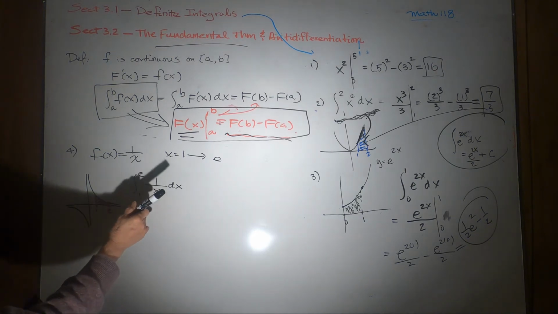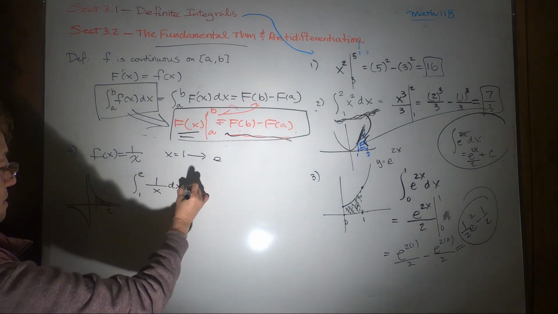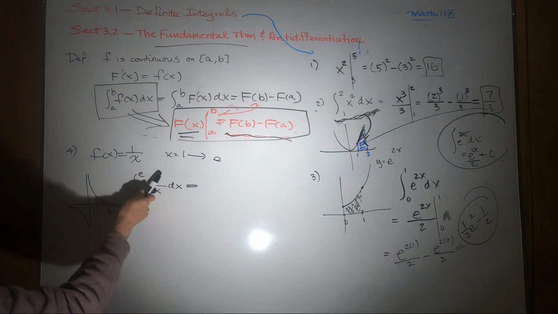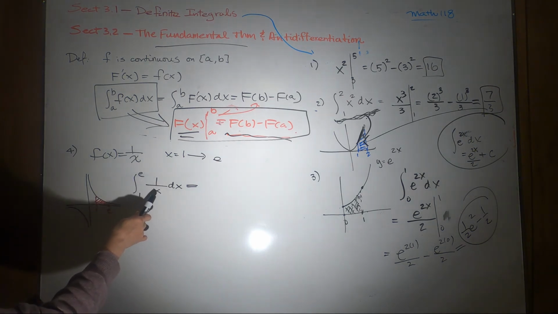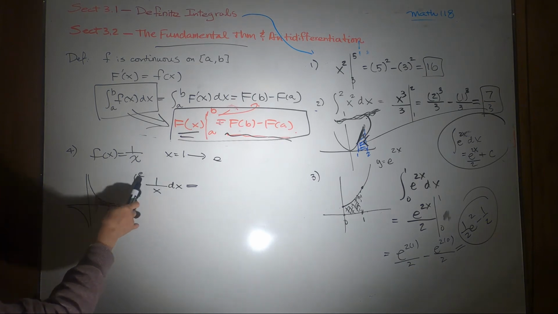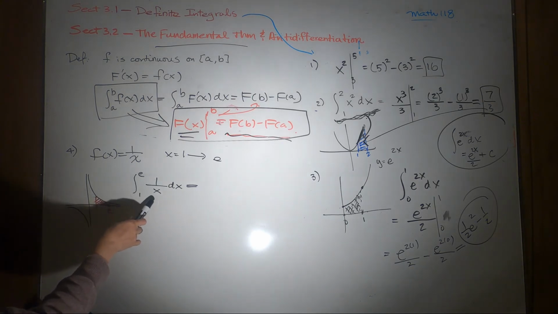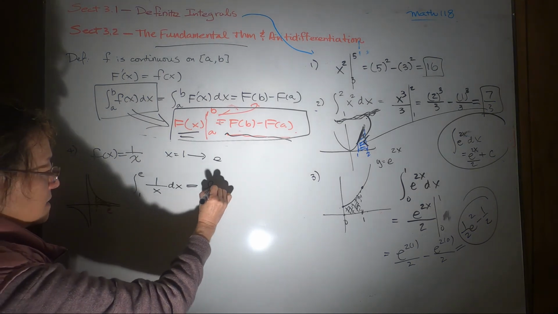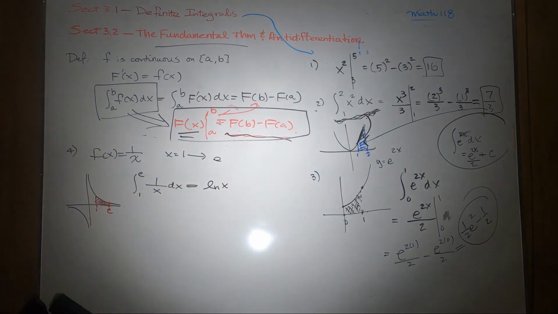Then from section 3.3, we use the skills to find the antiderivatives, all those rules. The antiderivative of 1 over x is what? Natural log x. Is that right?